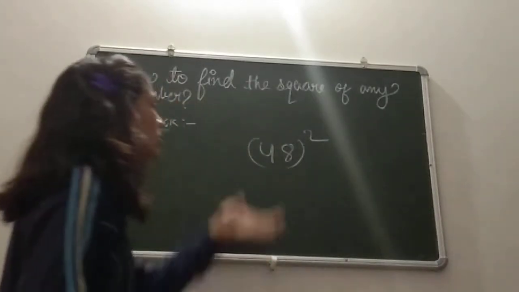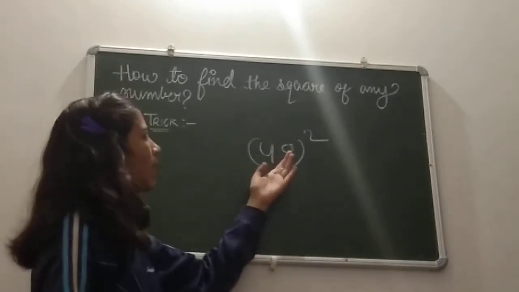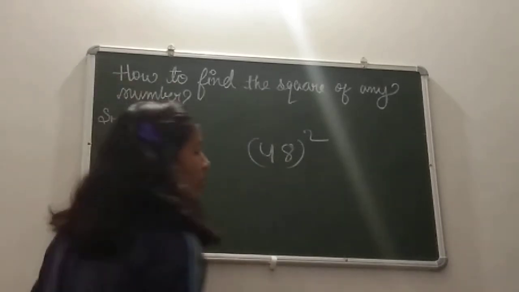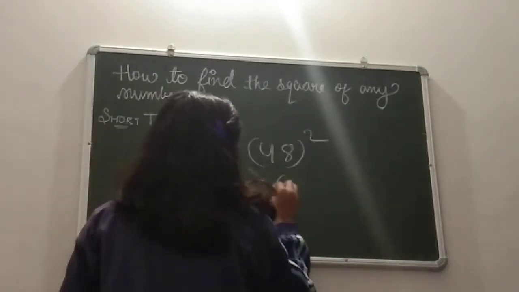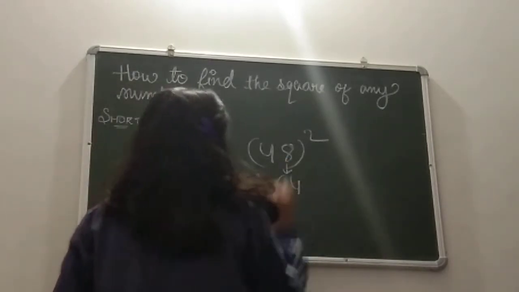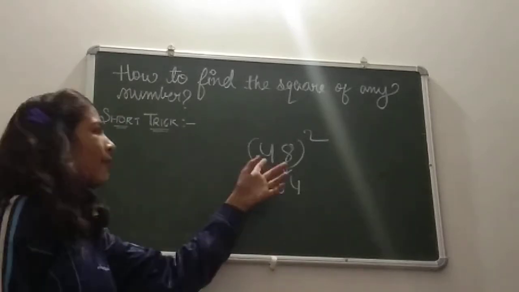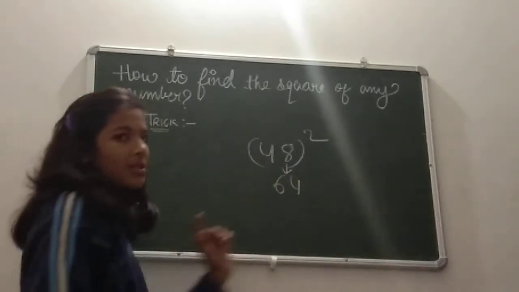So what you have to do is write the square of 8. What is the square of 8? The square of 8 is 64. And after that you also have to write the square of 4, which is 16.